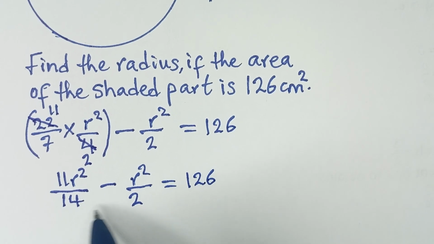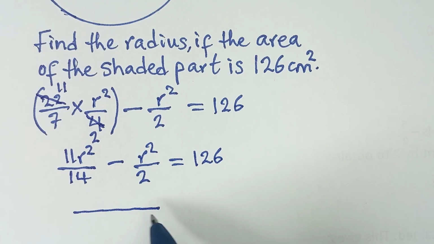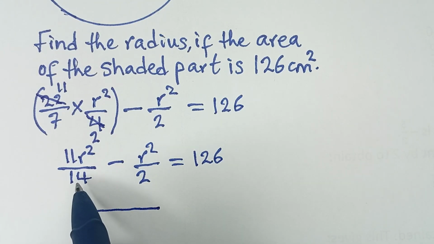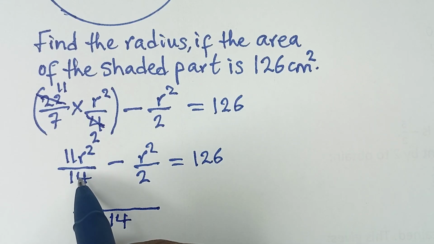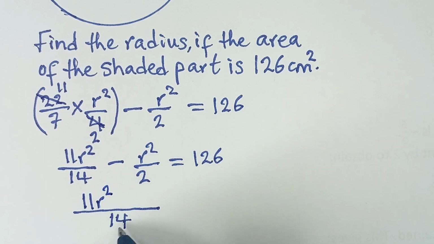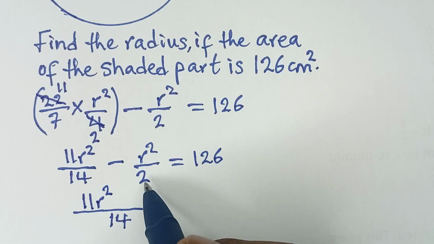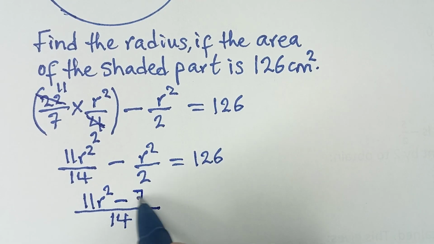So let's add these fractions now. The LCM or LCD of 14 and 2 is 14. So 14 divided by 14 is 1, multiplied by 11 r square gives us 11 r square. Then 14 divided by 2 is 7, and 7 multiplied by r square gives us 7 r square.